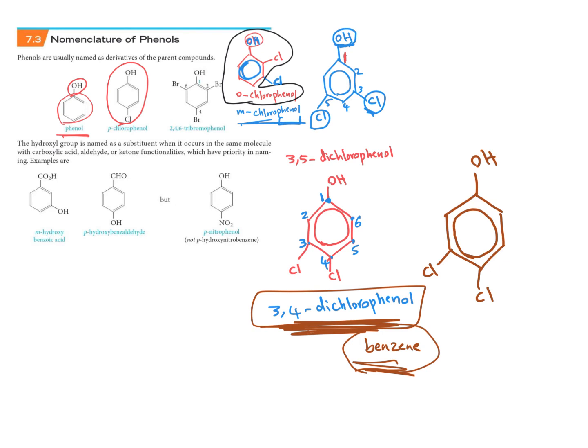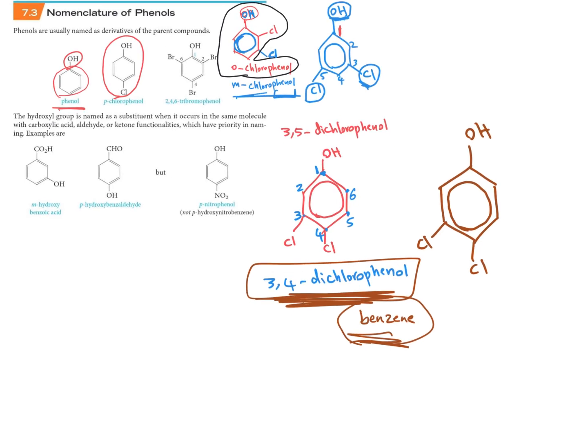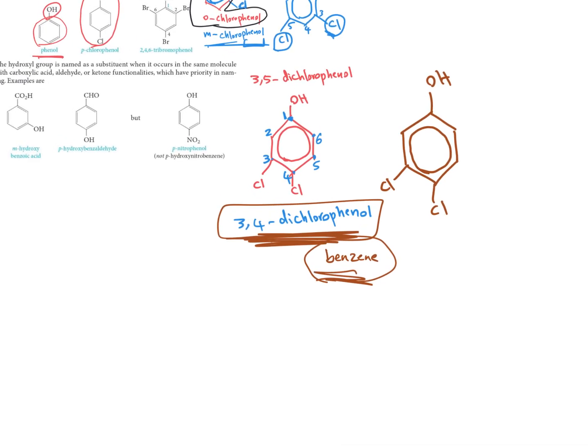Would it be 3,4 dichloro 1-ol benzene? So tell me the name so I write it. 3,4 dichloro, and then dash 1, dash ol benzene. Like this? Yeah. Okay.